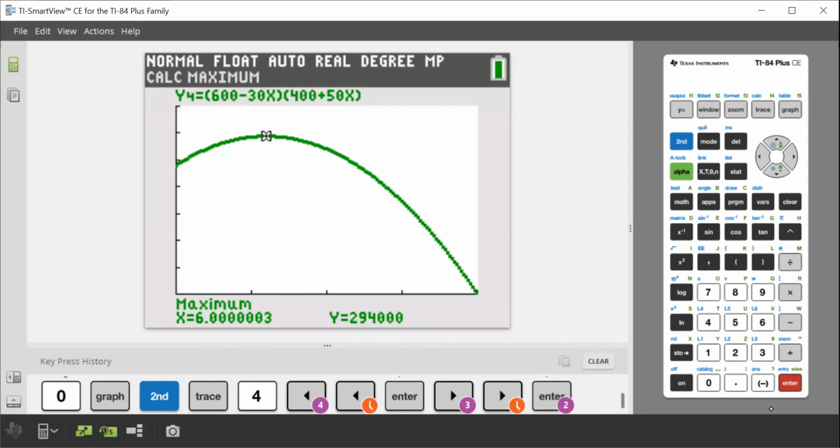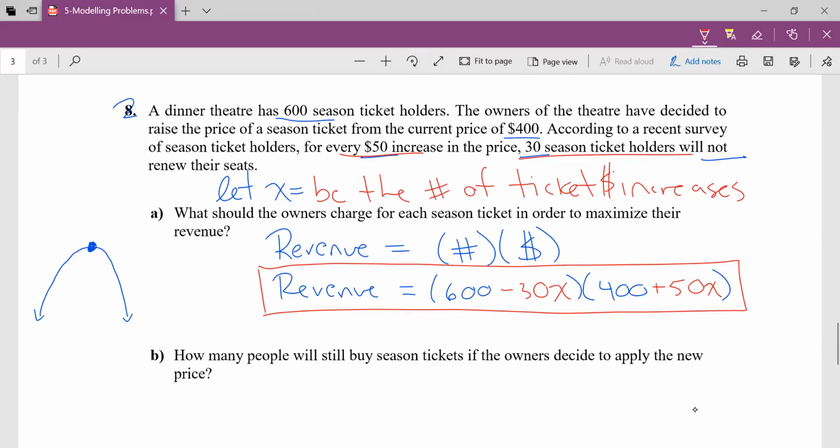So it's at 6, 294,000. So our max, or our vertex, I should say, was at 6, 294,000, like that. Okay, did we answer the question? What should the owners charge for each season ticket?